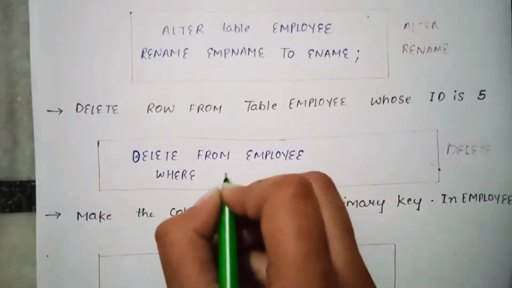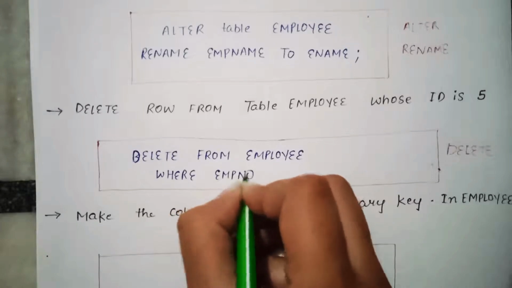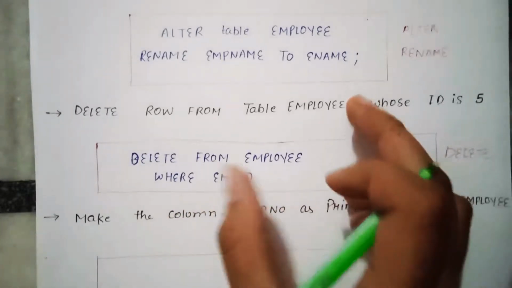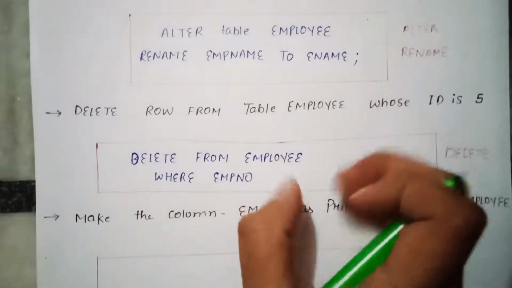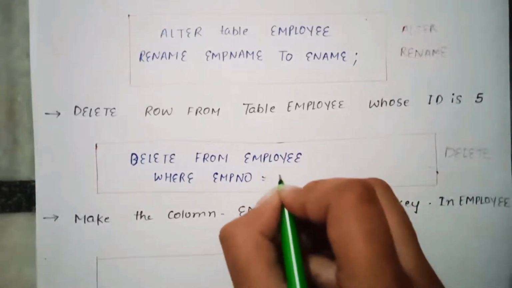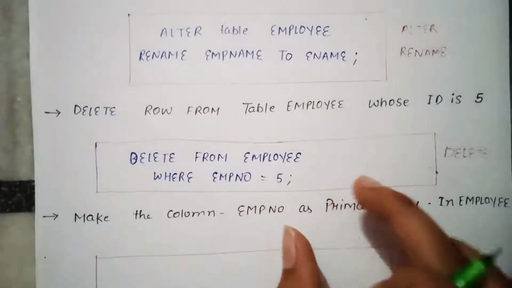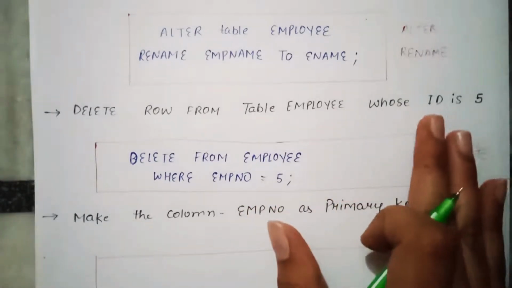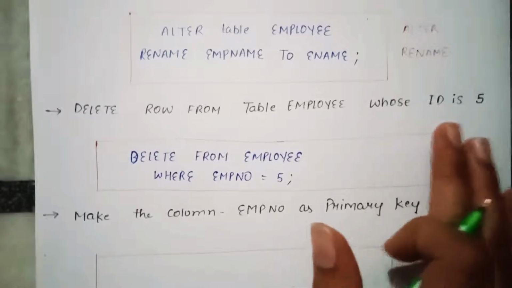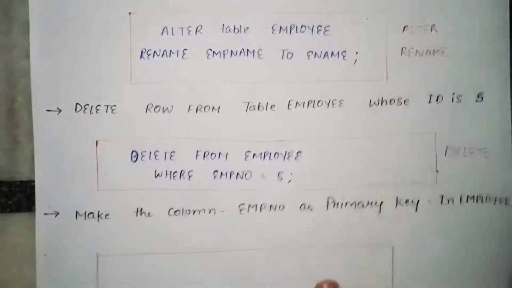Where imp number, because we know that in this table the IDs of the employees are specified in the column imp number, equals 5. So this is a delete operation that will delete the row, the record whose ID is 5, from the table. So this is a delete query.